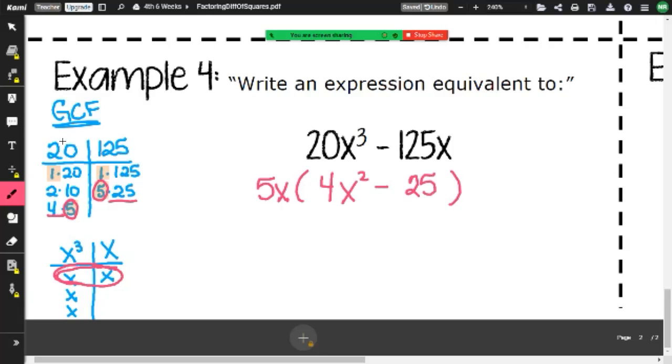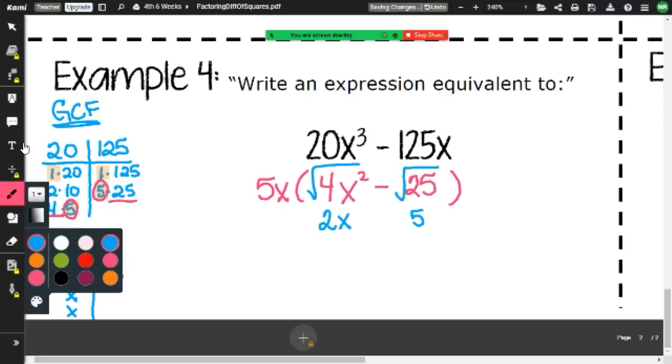Okay. Now we didn't leave any uncircled x's, so we stopped there. But now that I have my greatest common factor, I'm ready to do what with my other 2 terms? Take the square root of them. Square root of 4x squared is 2x. Square root of 25. 5 times 5 is 25.